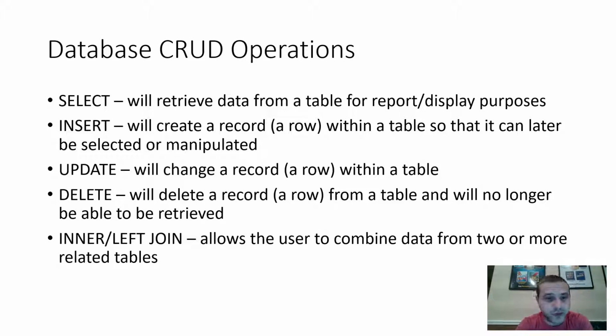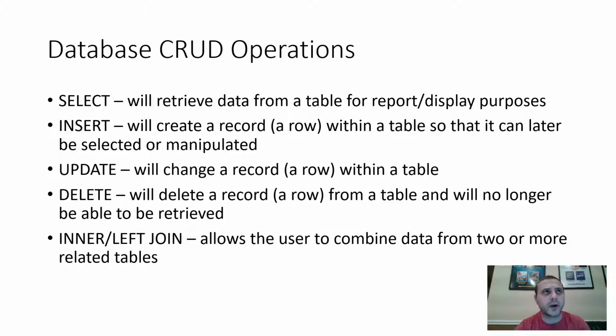Update will change a row within a table. Let's say after you inserted something, the user logs in and realizes that when they signed up they mistyped their name. They can go into their user profile page, if you have one, and update their name there. What that will do is update their name in the database, and now every time it selects it from the database, it's going to select their updated name.